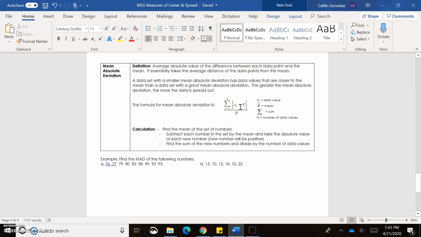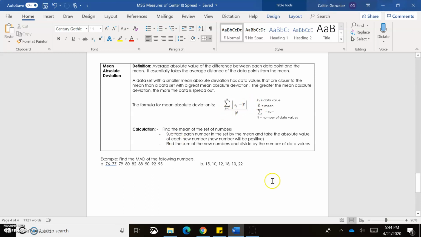We're trying to figure out how far away is each data point from the mean. So once you subtract the mean from each data point, you want to take the absolute value. So you should have basically a new set of data that is the distance of each number from the mean.